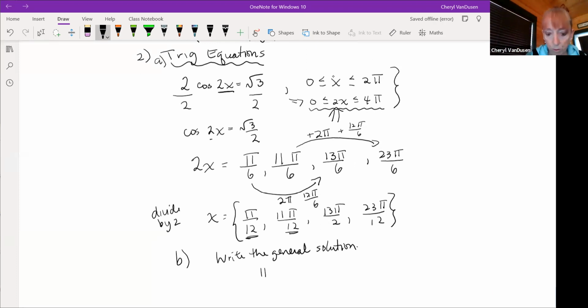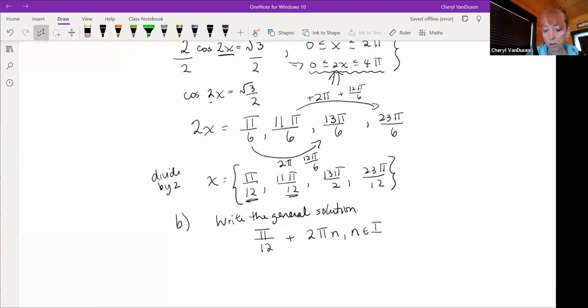And so the general solutions then would be pi over 12 plus 2 pi n, n is an integer. And what this says to the reader is that you're going to get to pi over 12 and then you're going to go full rotation one way forever or the other way. And the integers just mean that you're doing it 1 time, 2 times, 3 times, positively or negatively. So this is one part of our general solution.